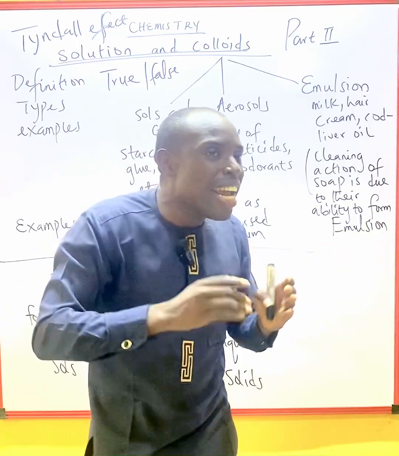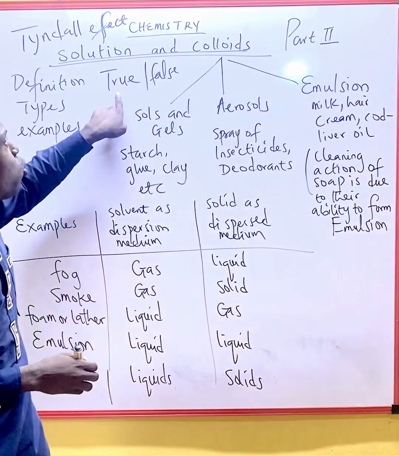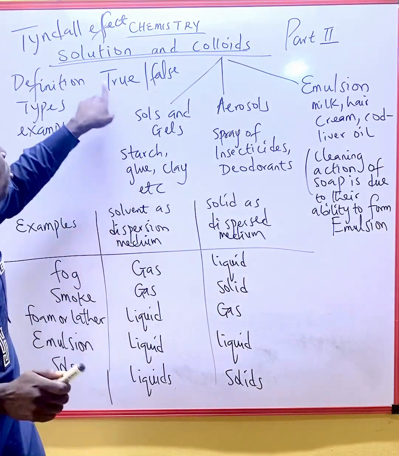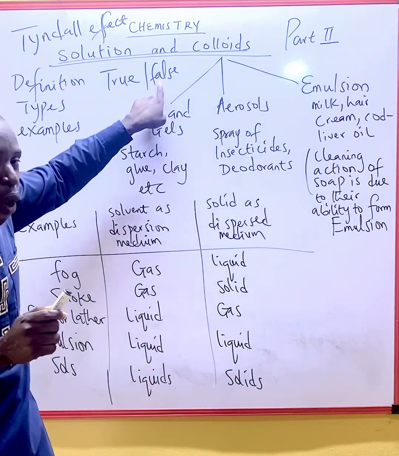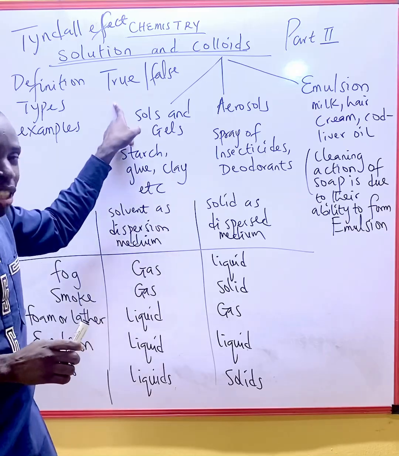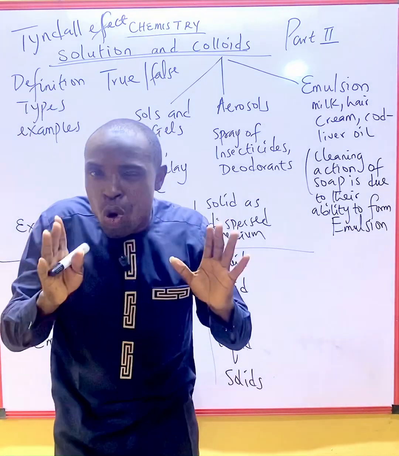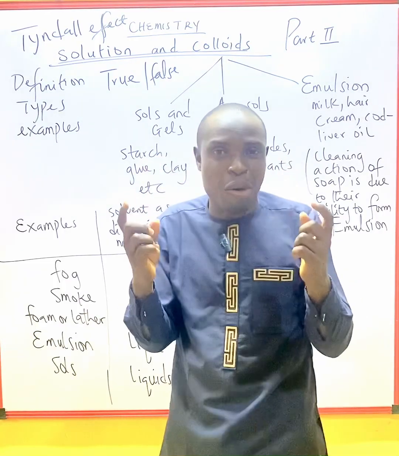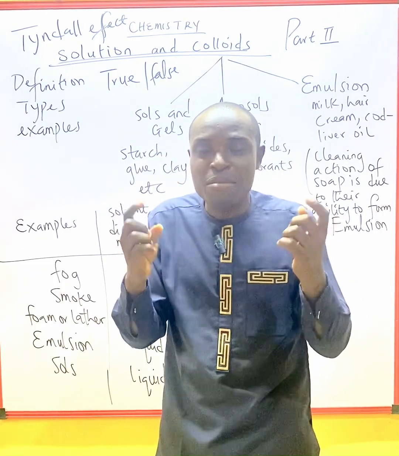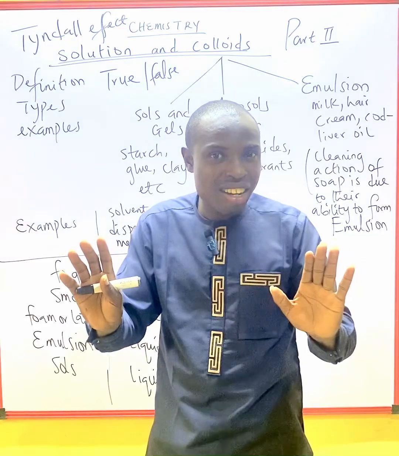That is why a true solution cannot show the Tyndall effect, but a false solution can, because the particles of a false solution are larger than the particles of a true solution. You should get that straight into your cerebrum, because it is not difficult at all.